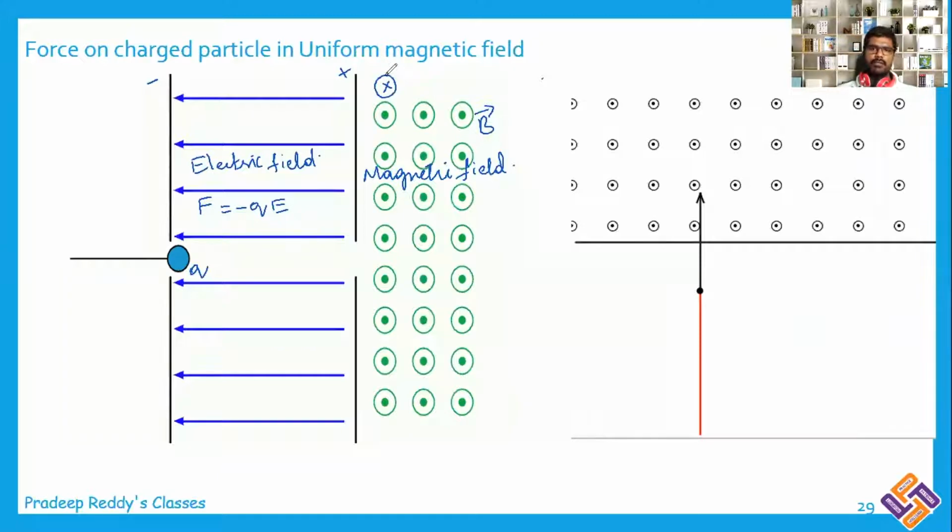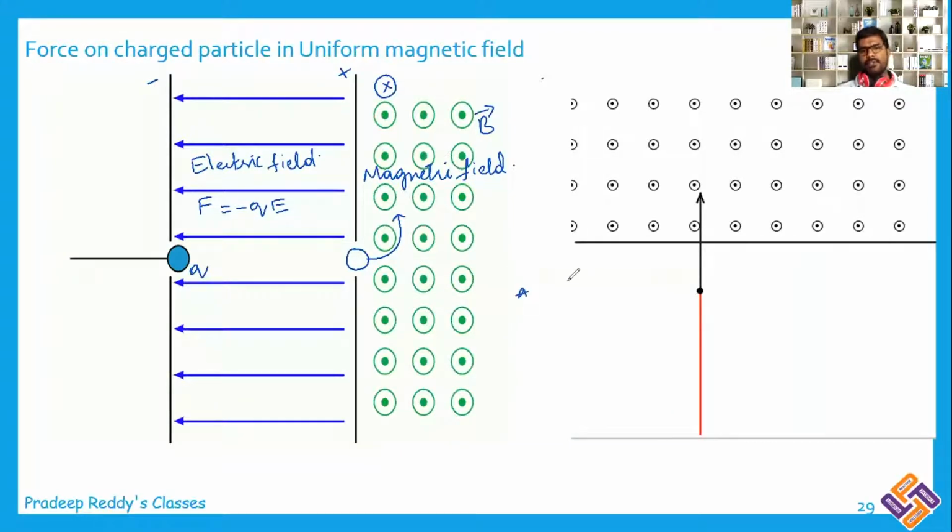Magnetic field is coming out. Now when the charged particle enters into this region, it is immediately taking a turn. That means it experiences a turning effect. So it will be centripetal force acting on the charged particle. So magnetic force which is acting on the charged particle makes this particle take a turn.